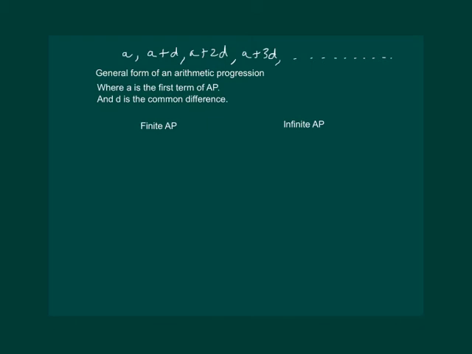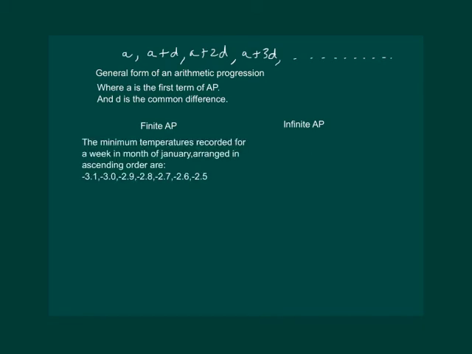Our arithmetic progression can be a finite arithmetic progression or infinite arithmetic progression. For instance, consider the minimum temperatures recorded for a week in month of January for a particular city, arranged in ascending order.